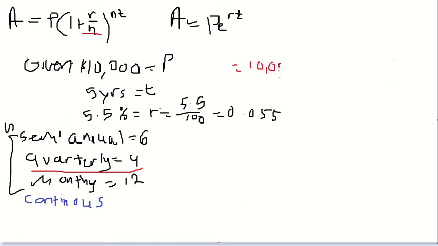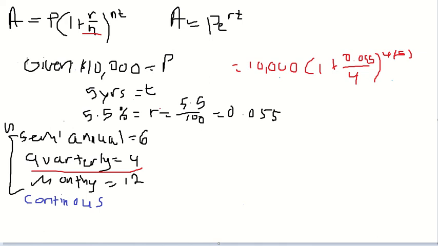We have 10,000, 1 plus the interest written in decimal form, which is 0.055 over n, which we said is quarterly, so it's going to be 4, and then it's raised to the 4 times 5 years, which is t. Okay. Remember your order of operations. You take care of the stuff in the parentheses, then the exponent, and then the multiplication.